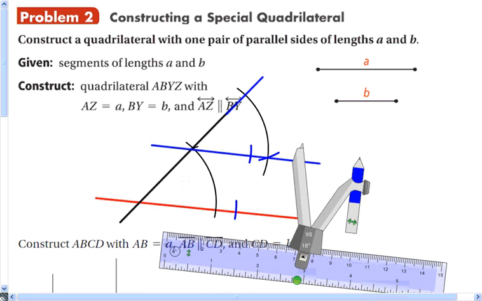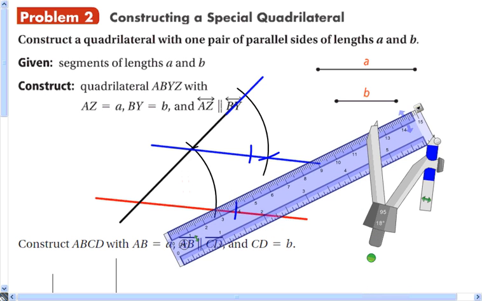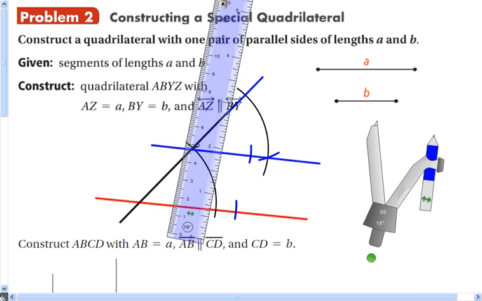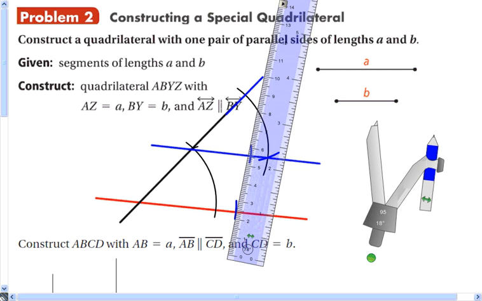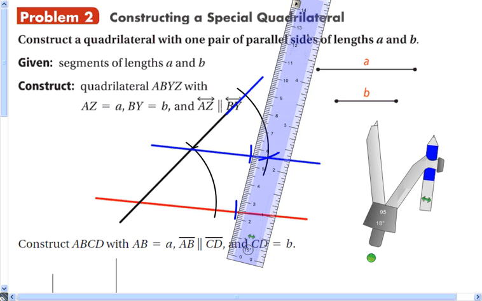There. And I'm going to use my straight edge and draw that line in. Draw right there. Draw that in.